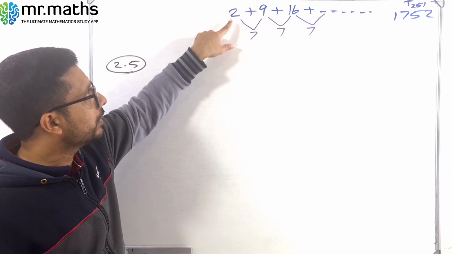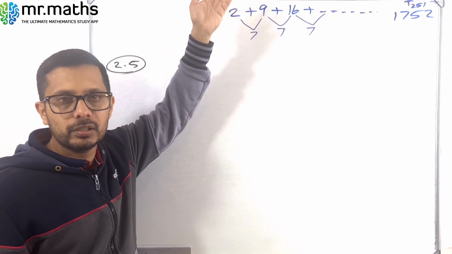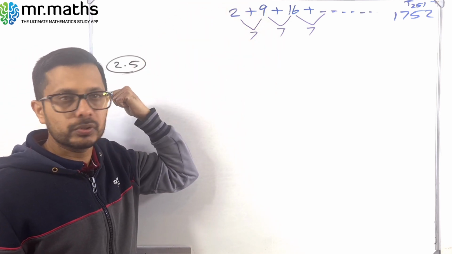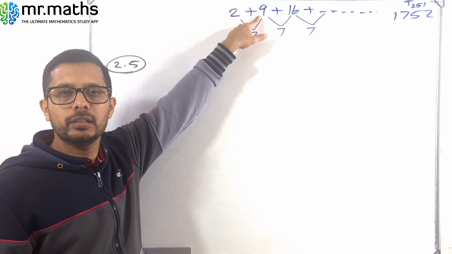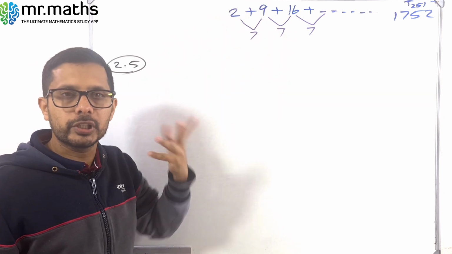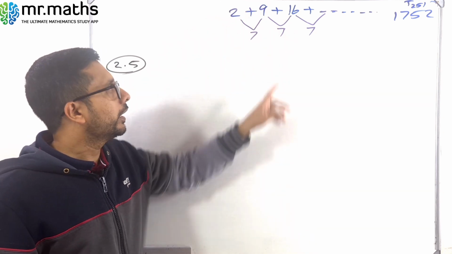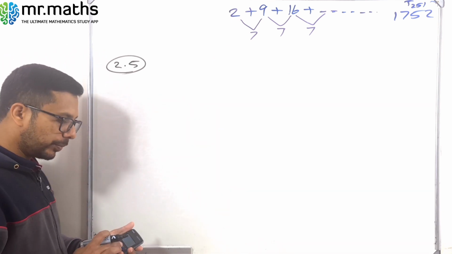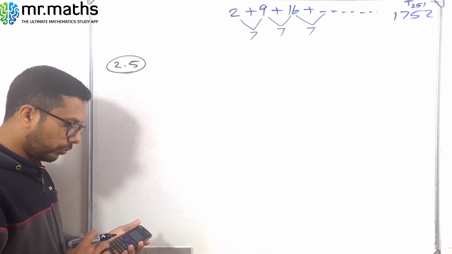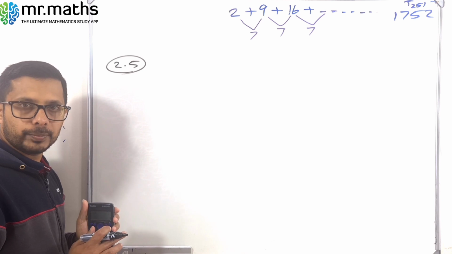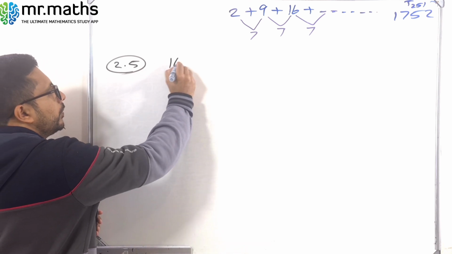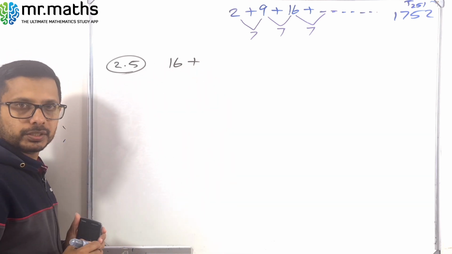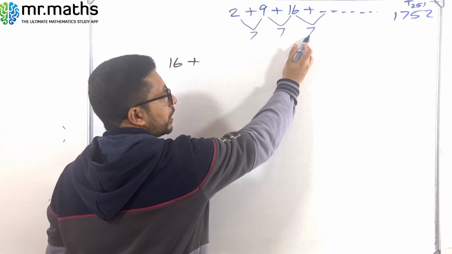So what I am saying is this 2 is anyway smaller than 4, is not divisible by 4. Okay, 9 divided by 4, you are not getting a proper number. Okay, then 16 is a number. 16 divided by 4, you are getting a proper number 4. Am I right? So first term is 16 plus. Okay, then what is the common difference here? 7.